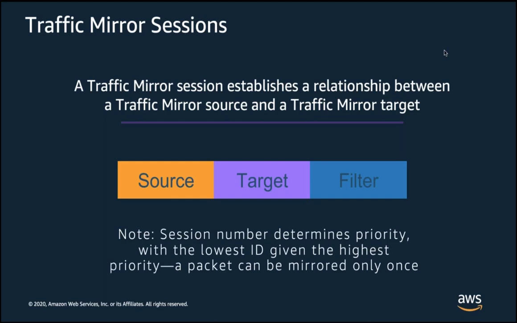And we can actually have multiple sessions on the same source. Each session will have its own priority, and the priority will decide which capture is going to be applied first. So for example, you might have two sessions running on the same source. The first session is capturing only HTTP traffic.